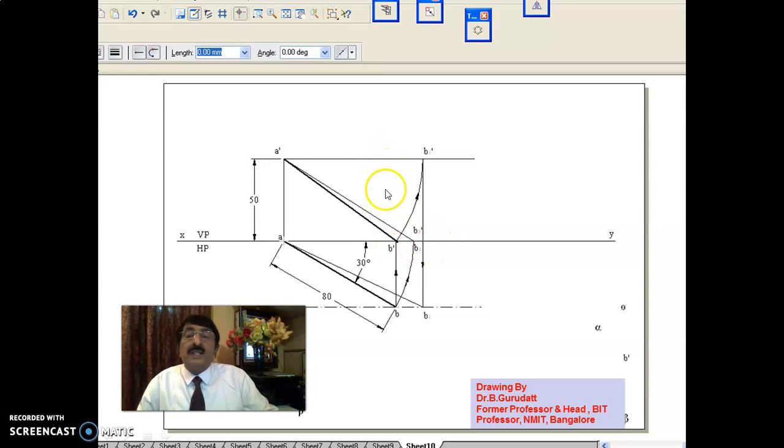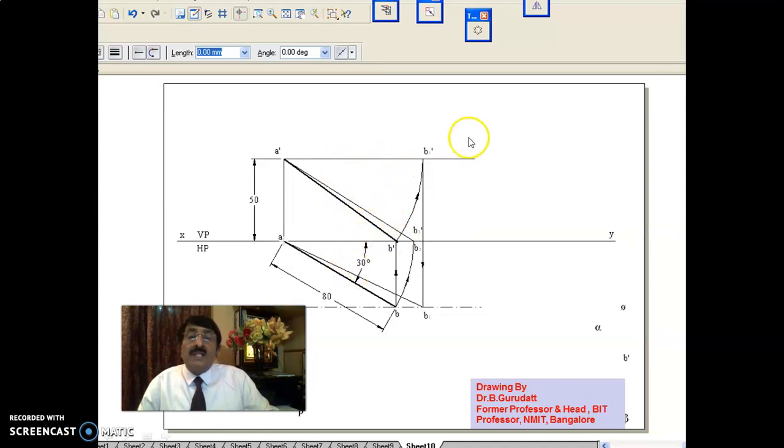Now you measure this as true inclination of the line with respect to HP, alpha. Beta is the apparent inclination of the line with respect to VP. Theta and phi are the apparent inclination and true inclination of the line with respect to VP. But here, beta has been given. What you have to finally determine is alpha, theta and phi.